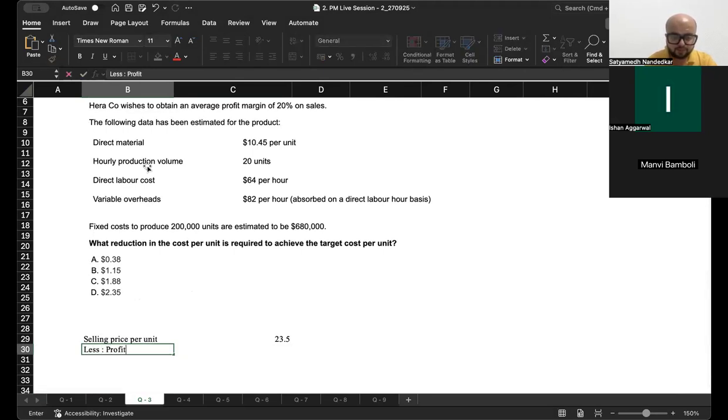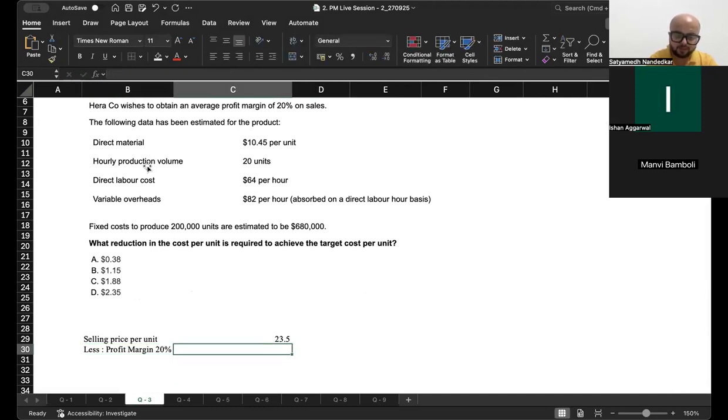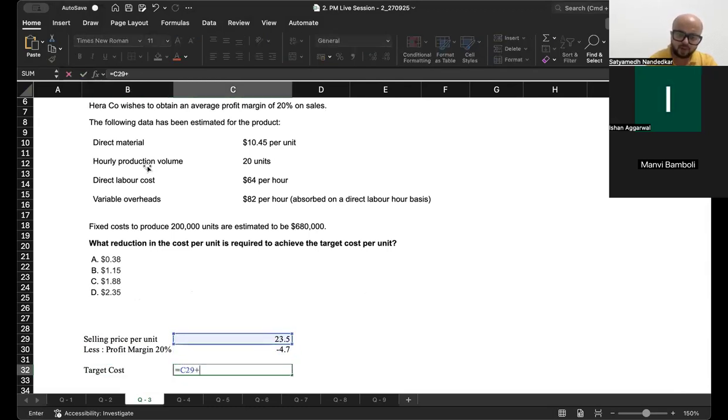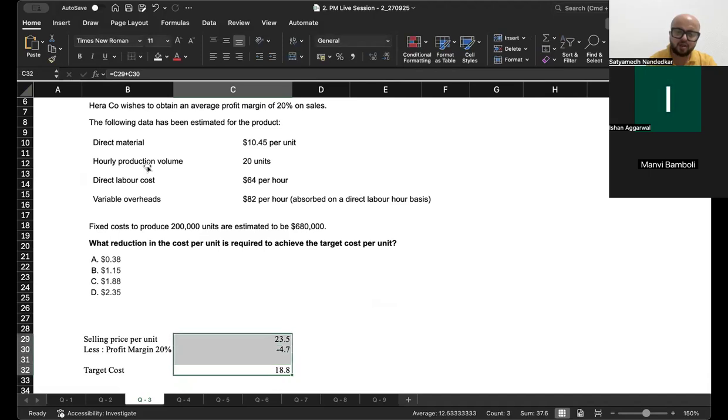Less profit margin 20%, this 23.5 into 20% is 4.7. I will arrive at my target cost. How much is my target cost? My target cost is 18.8.